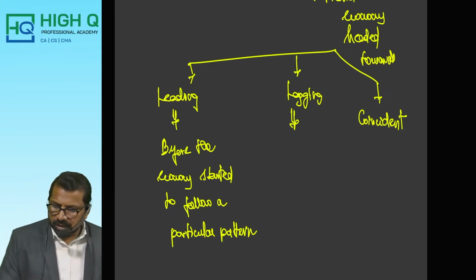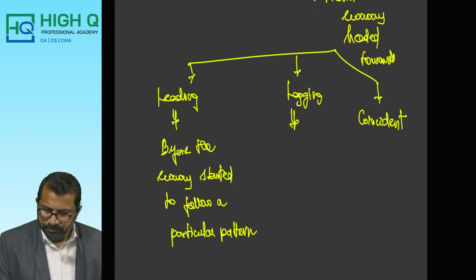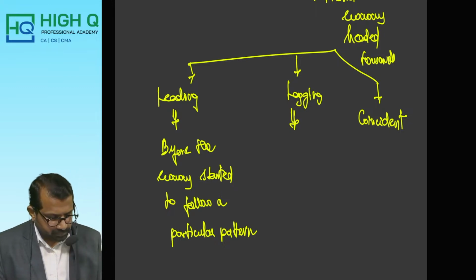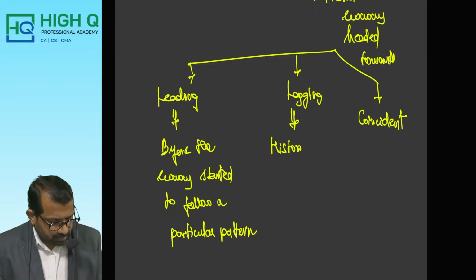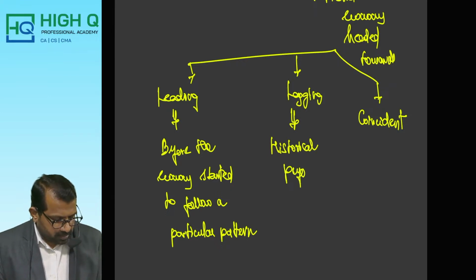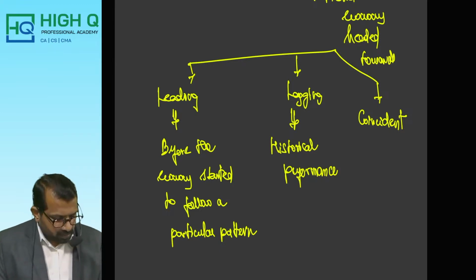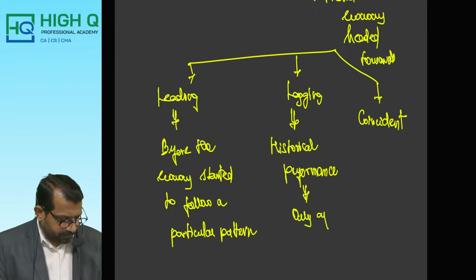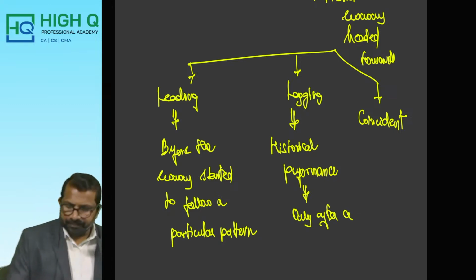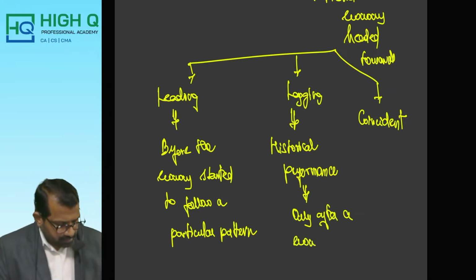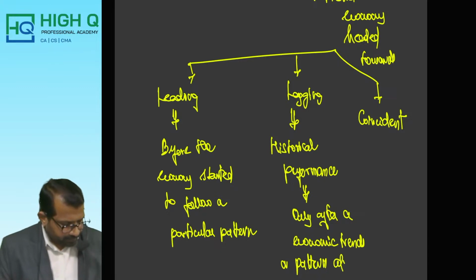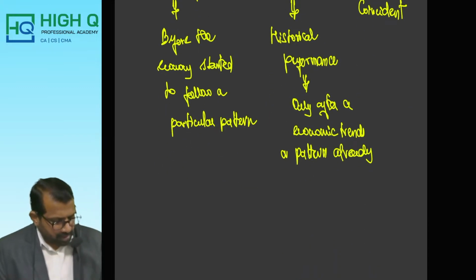Point number 2, lagging indicators are based on historical performance only, after the economic trends or pattern have already occurred.